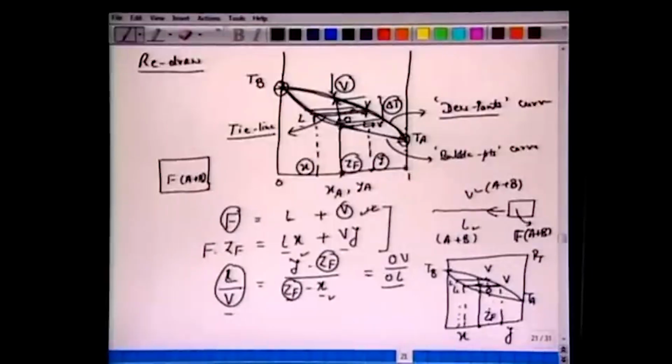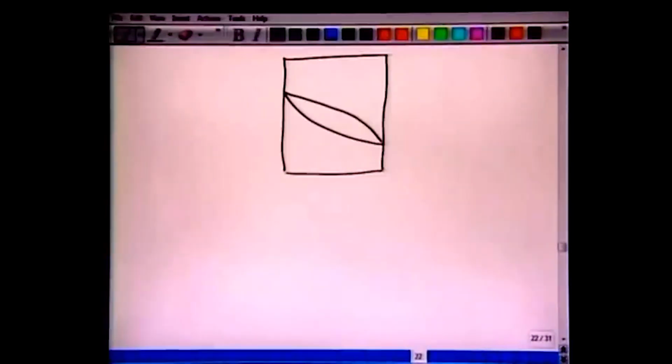So let's redraw this and follow how the segments of the tie lines change. You have a tie line here. Suppose you are starting with the ZF. You have just a very small increment in temperature.